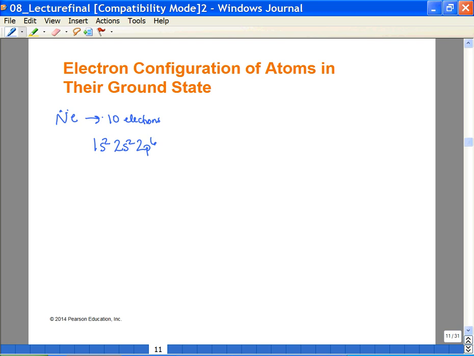So what we can do is, if we don't want to have to write out all of the 1s, 2s, 2p, 3d, and so on, we can take a noble gas. This completely filled shell is a characteristic of the noble gases, remember? They all have a completely filled outer shell. And so basically, they don't like to participate in a lot of reactions because they don't have any really free electrons floating around, right?